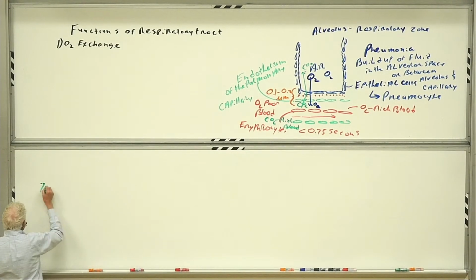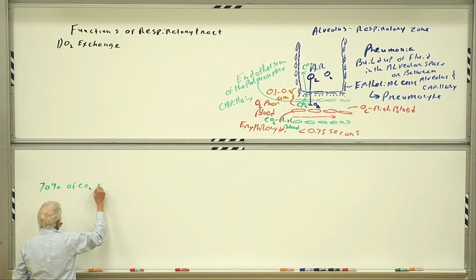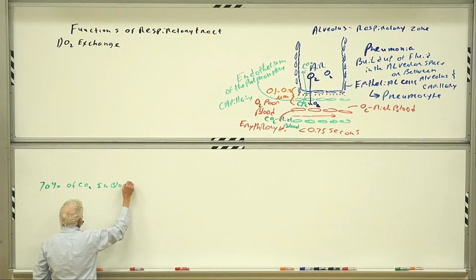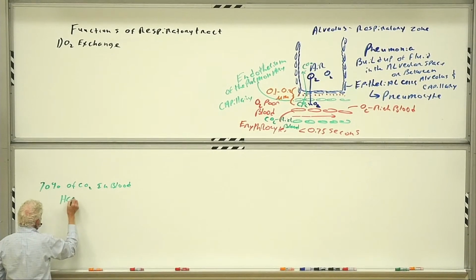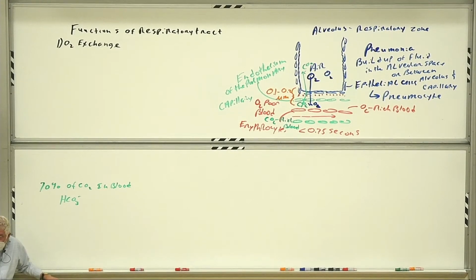Something like 70% of CO2 in blood is carried as bicarbonate, HCO3 negative. I think it's something like 5 or 10% is bound to the hemoglobin, and the remainder is basically just in solution. But most of it, the lion's share of it, is coming as bicarbonate.